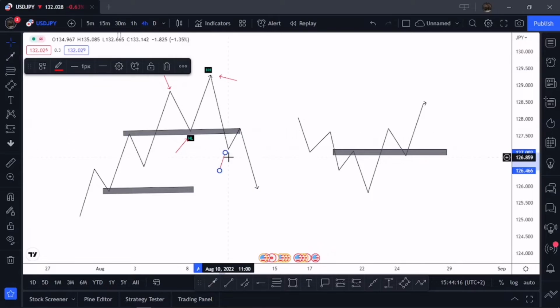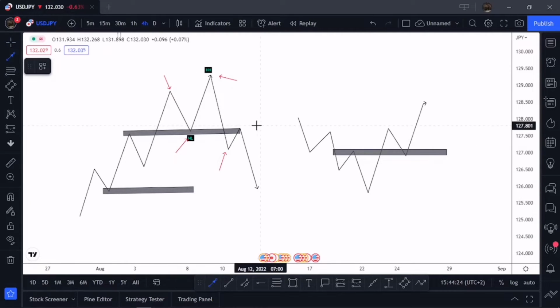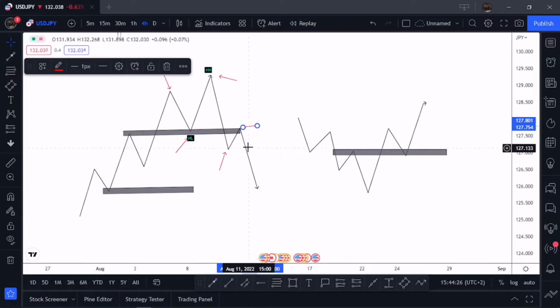The minute 4 breaks 2 around here, it validates the whole thing. And then from 5 we can start looking for entries. That's why it is a 1 to 5 structure.